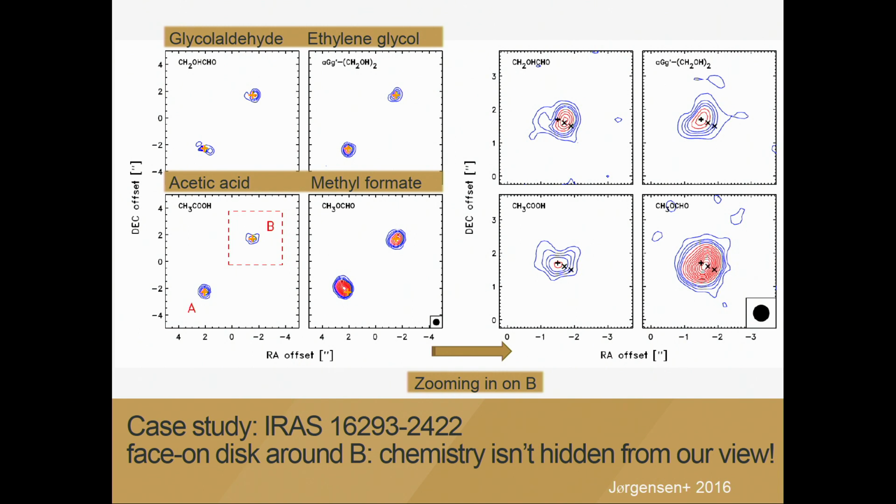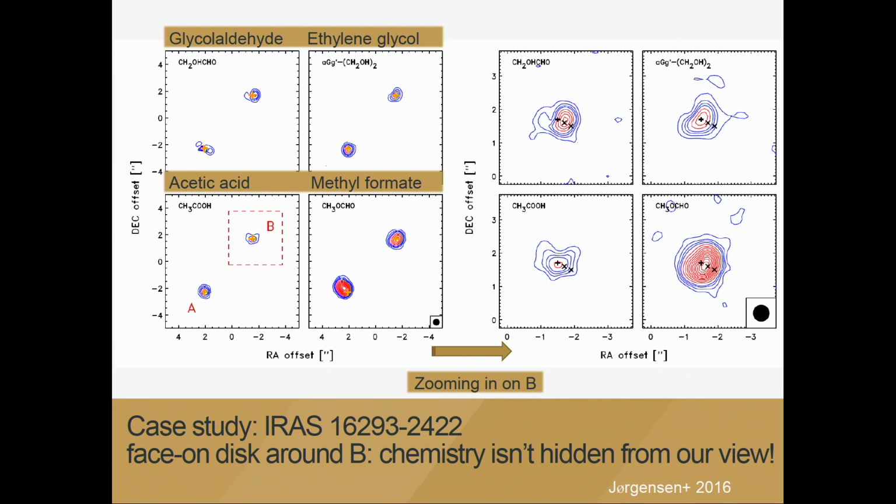So most of the further analysis I will present will be towards this position over here, which is approximately 1 beam, so 60 AU away from the continuum peak position B. And the reason for that is then we're avoiding the optical thickness, which we find on source, yet still maximizing the emission from the rarest species.